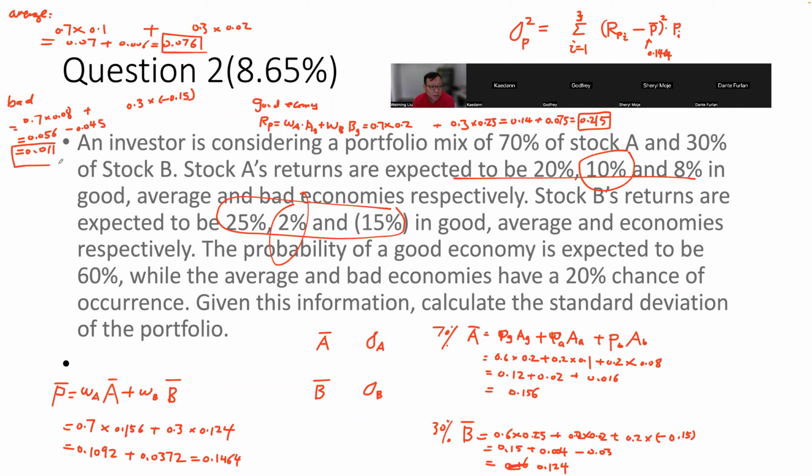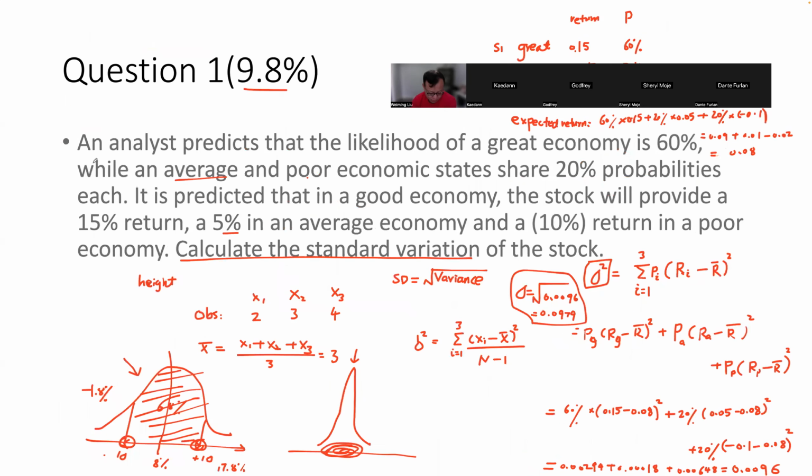So when the economy is bad, the portfolio will have a return of 1.1%. When the economy is average, it's 7.6%. When the economy is good, it's 21.5%.